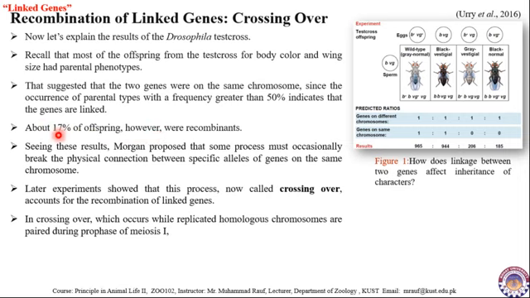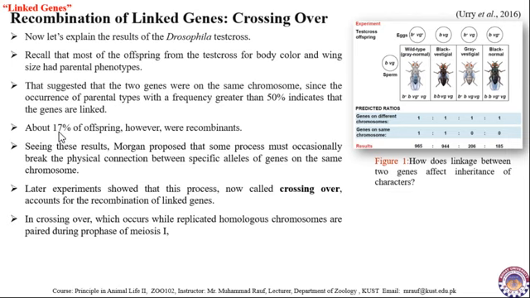So remember that the greater the value of recombination frequency, the greater the distance between the two genes, and crossing over will take place.